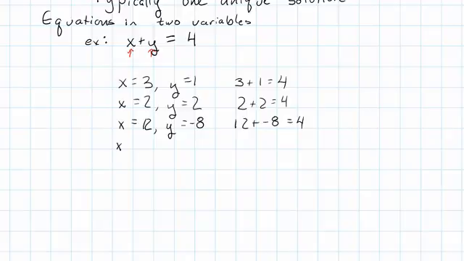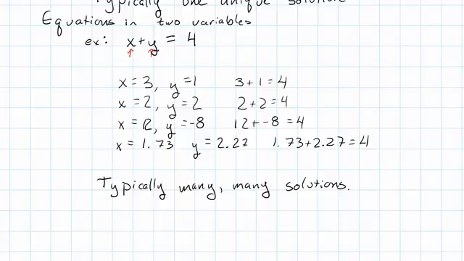We could even have something like x equals 1.73, y equals 2.27. 1.73 plus 2.27 equals 4. We typically have many solutions. In particular, for the kinds of equations that we're going to talk about, linear equations in two variables.